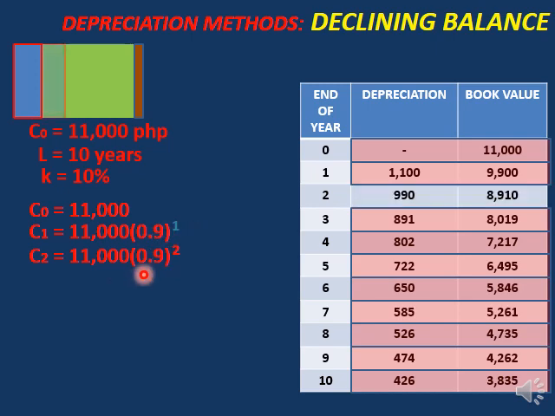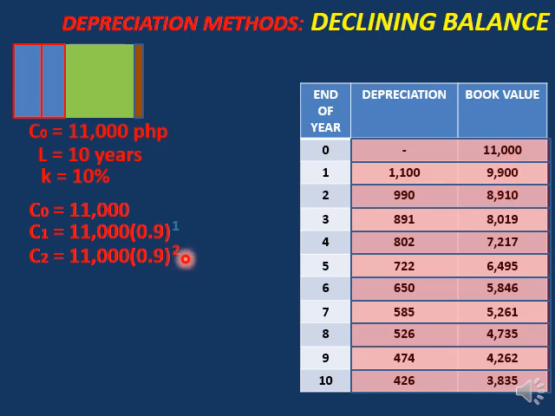If you multiply 11,000 by 0.9 twice, we get 8,910, a difference of 990 from the previous book value. As you can observe, we are actually computing directly the book value and not the amount depreciated. That's the difference with the previous depreciation methods. So the direct computation applies to the book value.